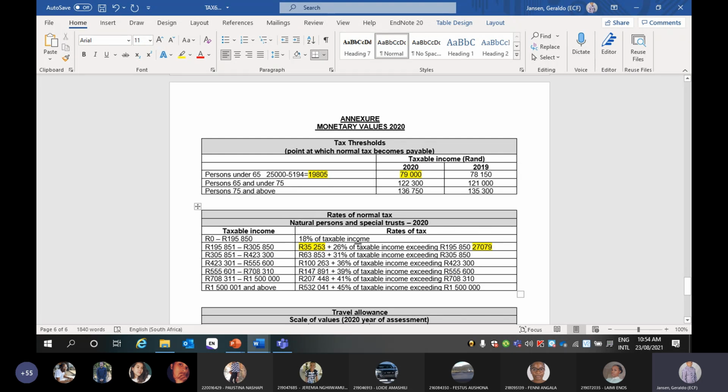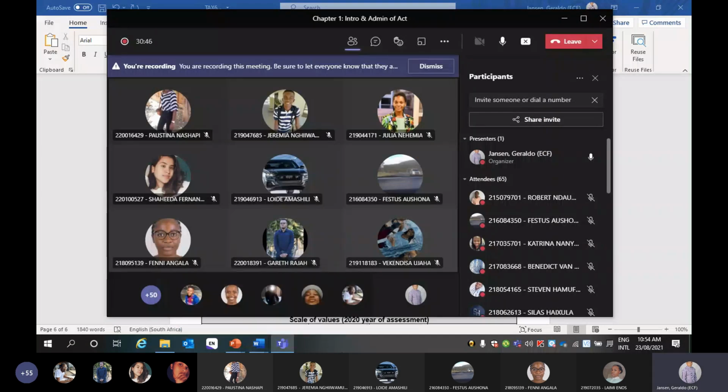But we also have to add that to the 35,000 so that we can get the full amount. But just to answer you again, these amounts here are fixed. You don't calculate them. They have calculated them for you already. You just need to calculate the additional amount. Do you see these percentages go up? 26, 31, 36, 39, 41, 45. The more you earn, the more tax you will pay. Ma'am, did I answer your question? Yes, sir. Thank you. All right, thank you.